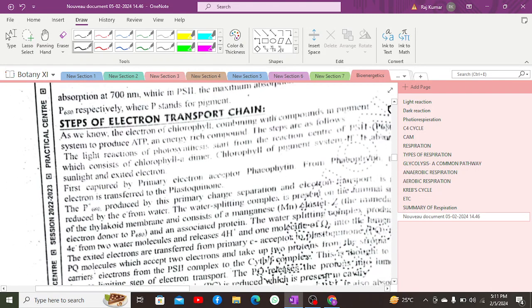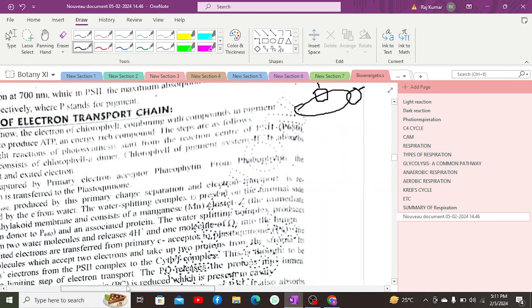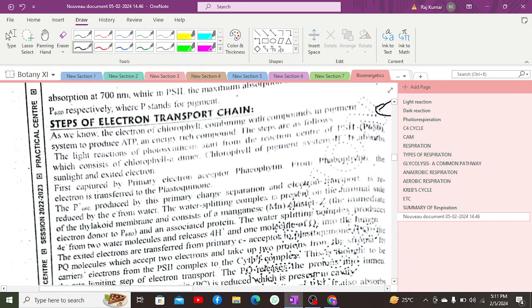Chlorophyll of pigment system 2 absorbs sunlight and the excited electron is first captured by the primary electron acceptor, which is pheophytin, and from pheophytin the electron is then transferred to plastoquinone. Plastoquinone not only takes the electron, but alongside the electron it also accepts the proton from the stroma, as a result of which it becomes reduced and is known as plastoquinol, represented as PQH2.